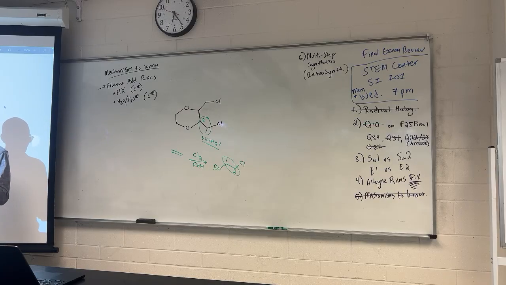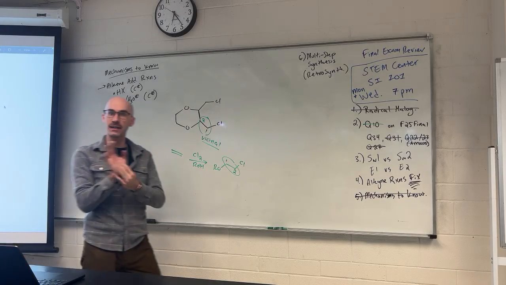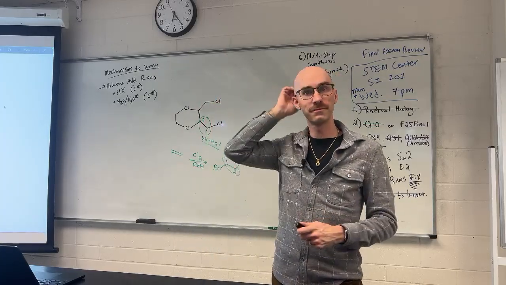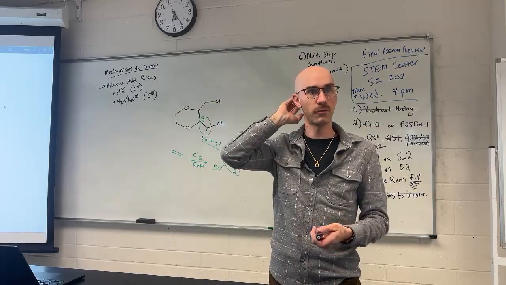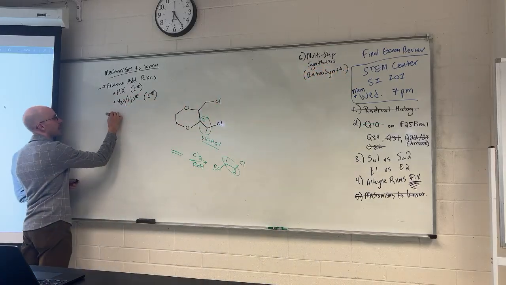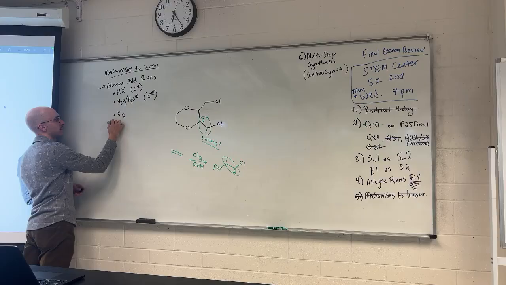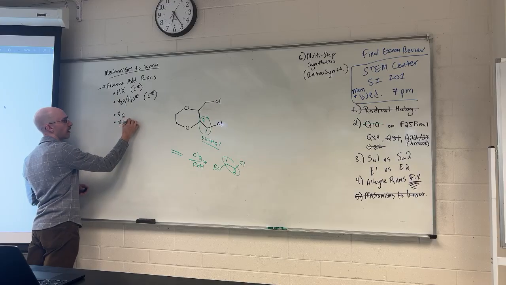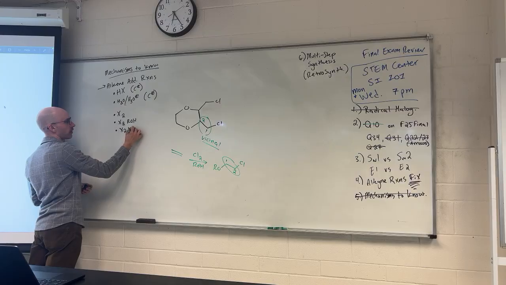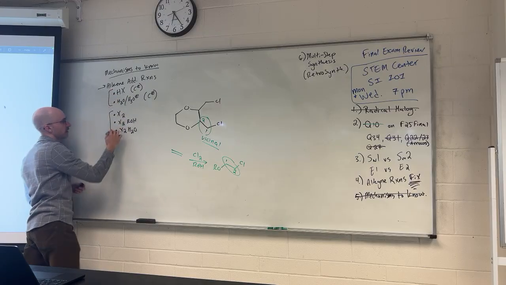That carbocation might have a methyl group shift. It might have a hydride shift. And if it does, you need to show it. That's what you have to be wary of with carbocations. You need to know the mechanism for X2 addition or X2 in alcohol or X2 in water. And so remember that these are really the sets.